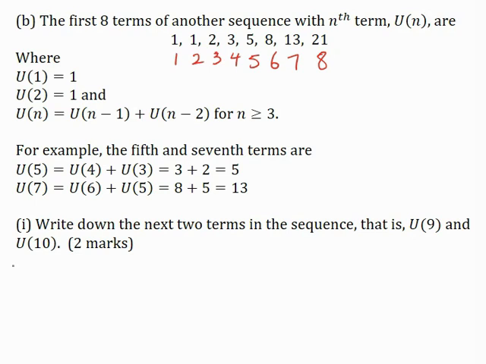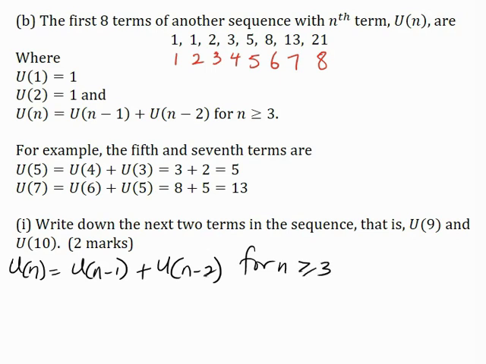So I'll write the formula here. u of n is equal to u of n minus 1 plus u of n minus 2 for n greater than or equal to 3.